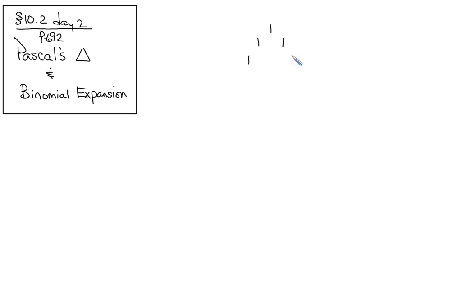This triangle is made up of ones going down the edges. So you have ones all the way down. The in-between numbers are arrived at by adding the two numbers right above each of them. So for example, we need a third number right in the middle here. The way that you get that third number is you take the two numbers right above it, one on the left side, one on the right side, and you add them together.